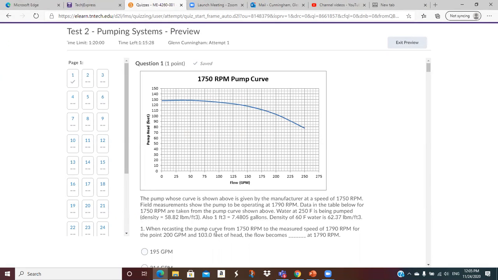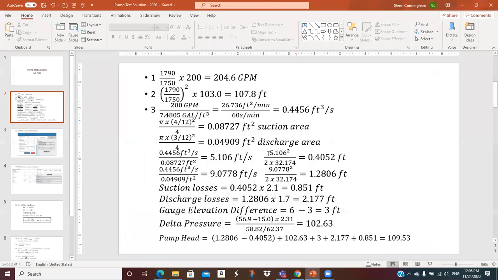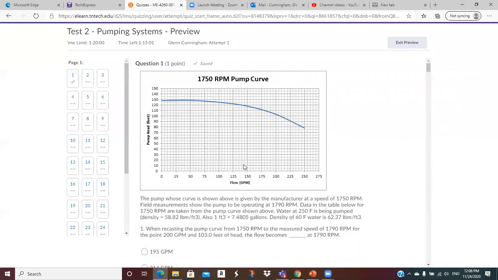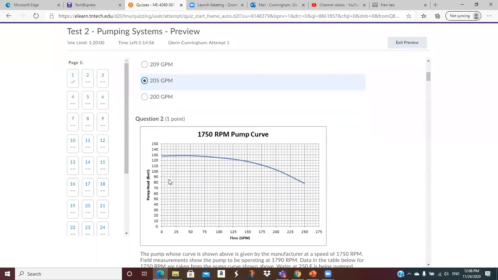When recasting the pump curve from 1750 RPM to the measured speed of 1790 for the point 200 GPM and 103 feet of head, the flow becomes, and I have this little Excel sheet that shows the calculation for number 1, just the ratio of 1790 divided by 1750 times 200, which is 204.6. Then I checked the 205 box, which is closest to it.